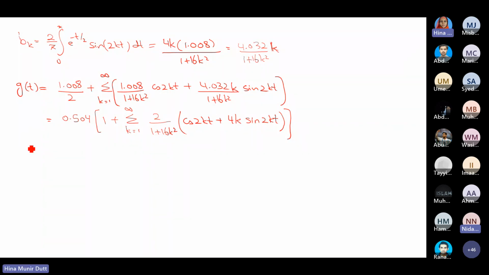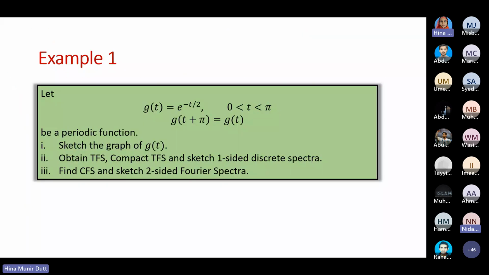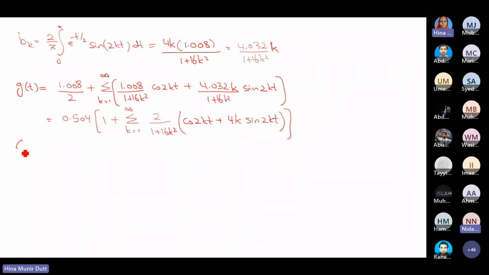Now I have to calculate the compact form of the trigonometric Fourier series, or the amplitude phase form of the Fourier series.